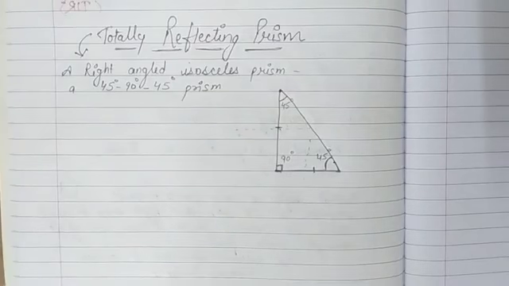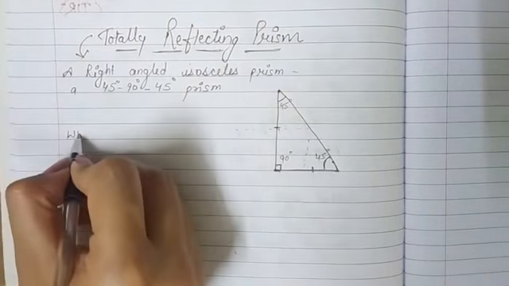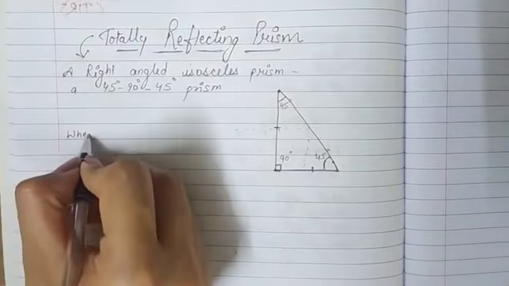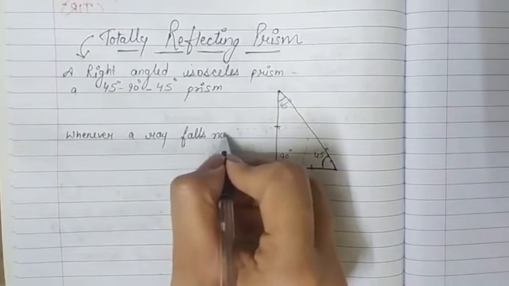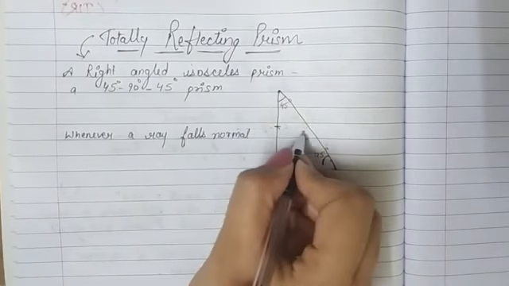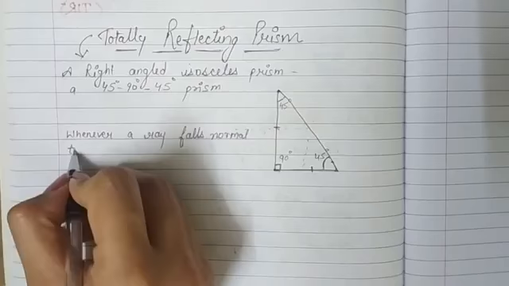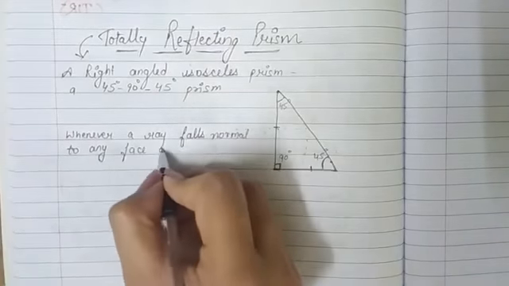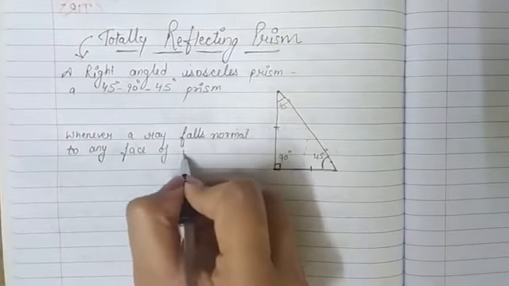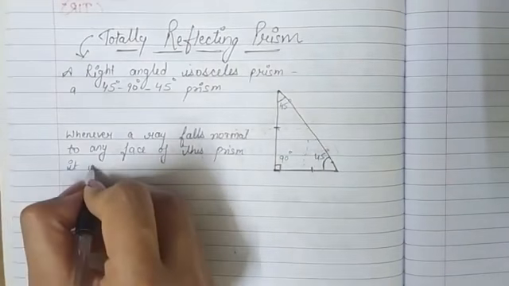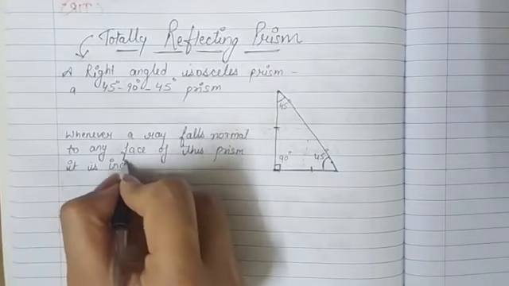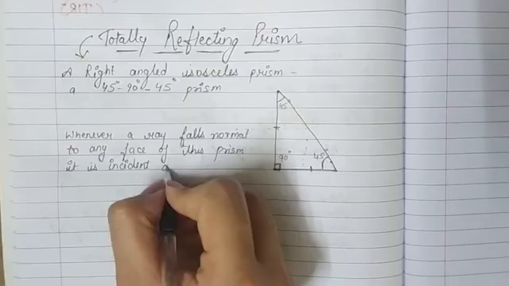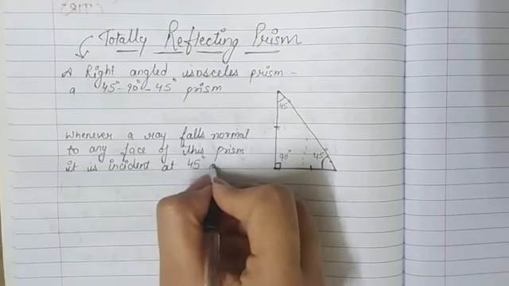So the thing is, whenever a ray falls normal, normal means at 90 degrees like this, to any face of this prism, it is incident at 45 degrees on the inside face.